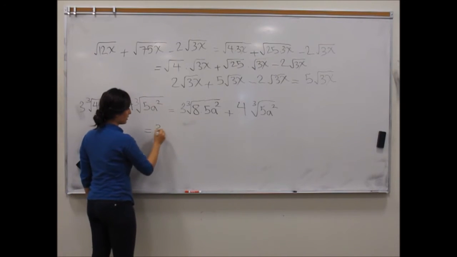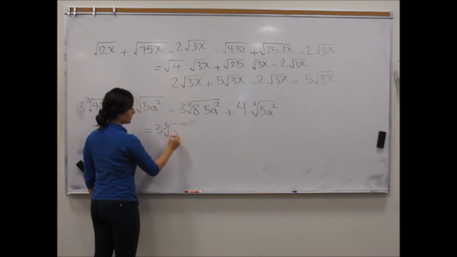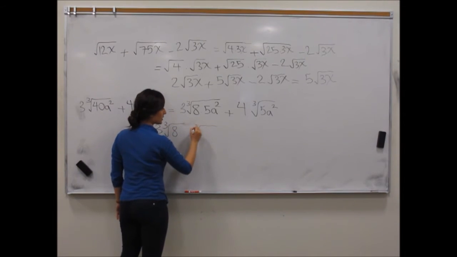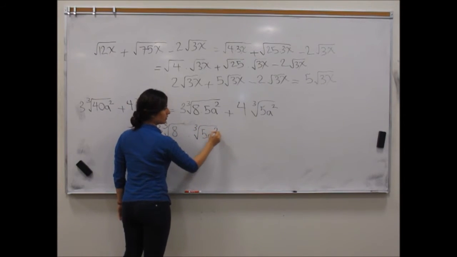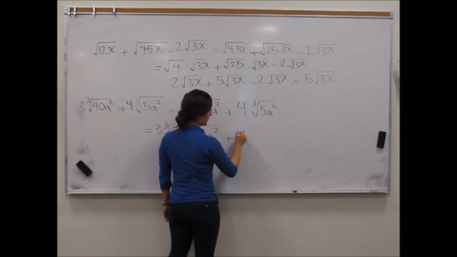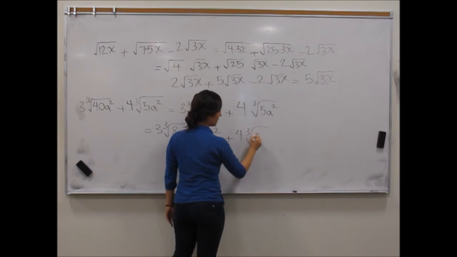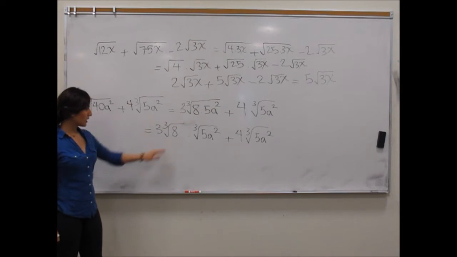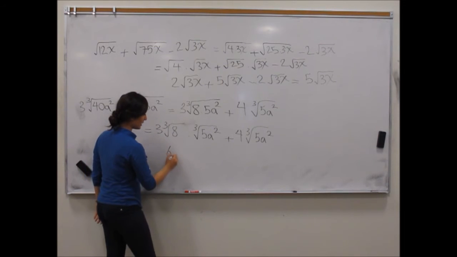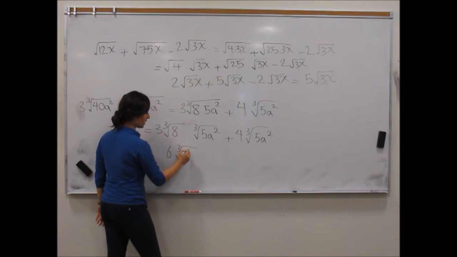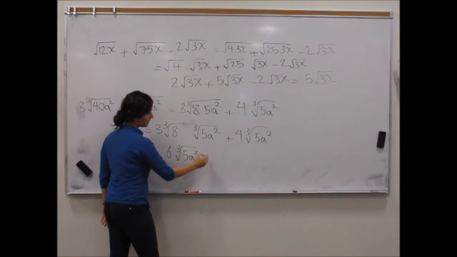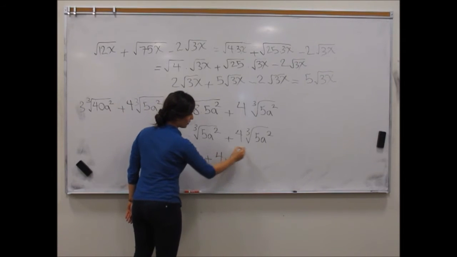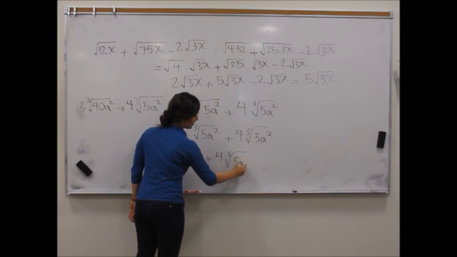So I have 3 times cube root of 8 times cube root of 5a squared plus 4 times cube root of 5a squared. Cube root of 8 is 2, so 2 times 3 is 6. I have 6 cube root of 5a squared plus 4 cube root of 5a squared.